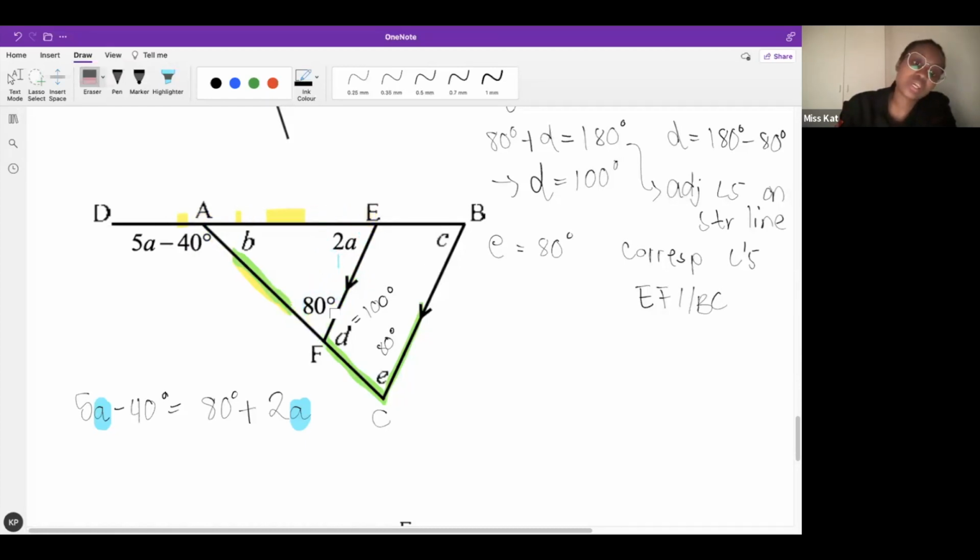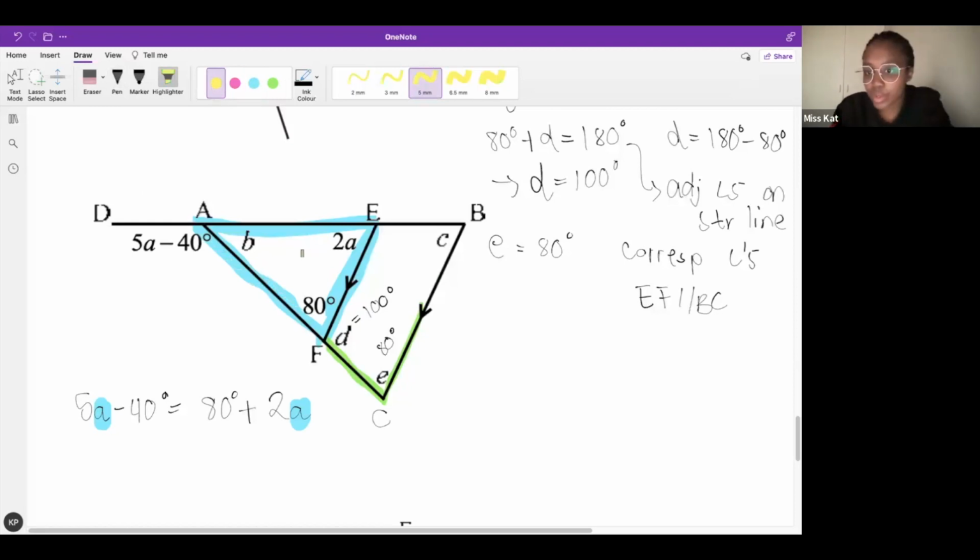Ndalo, do you remember what exterior angles of a triangle says? No, ma'am. So we have a triangle here, AEF. Do you see that blue triangle I just highlighted? Yes, ma'am. So the rule says the exterior angle, which one is the one outside? Which one is the exterior angle? 5a minus 40. Thank you. 5a minus 40, which is what we have on this side, is equal to the sum. What is a sum? Sum means we do what?